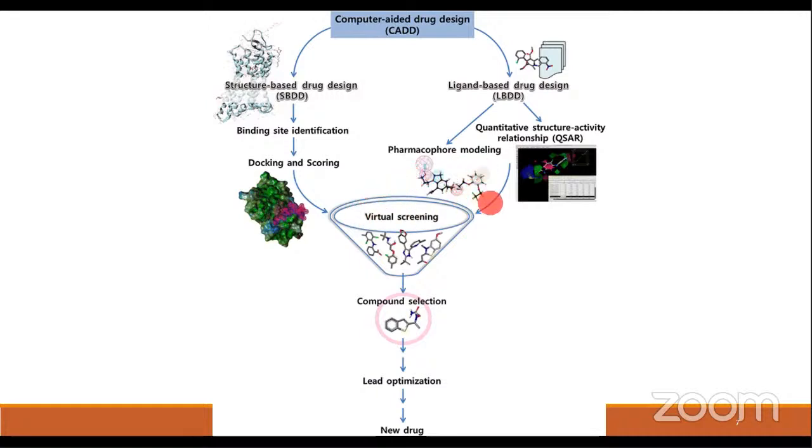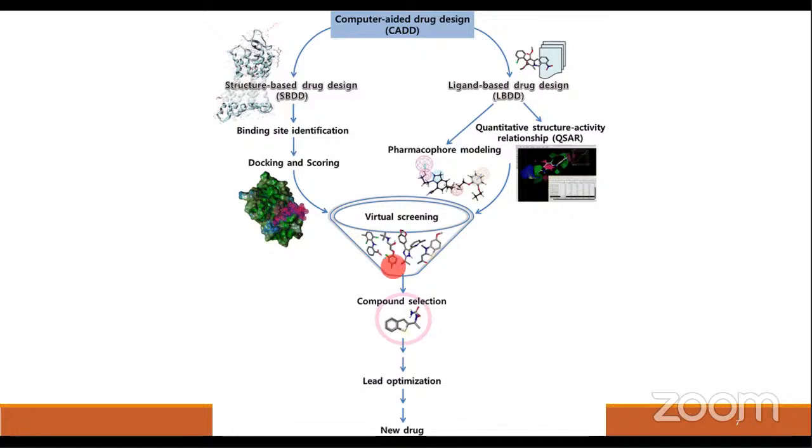For example, if you have a 500,000 virtual library of molecules, by using these techniques you can shortlist maybe 500 molecules, or 1,000 molecules, or maybe 100 molecules.